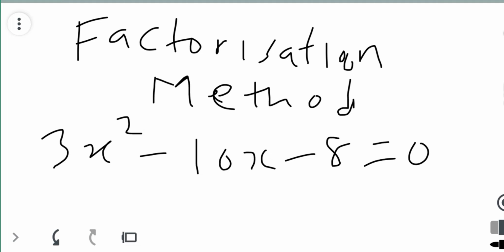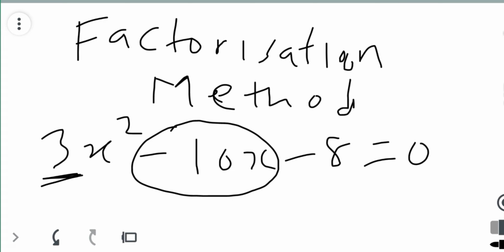So this is the first question we want to solve today. 3x squared minus 10x minus 8 equals 0. Basically, we need to consider two things. The first is this minus 10x, and as well we consider the first number multiplied by the last number.